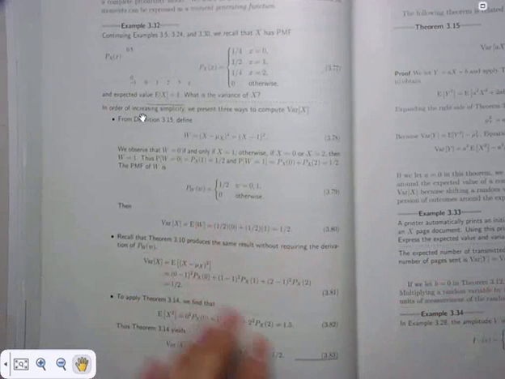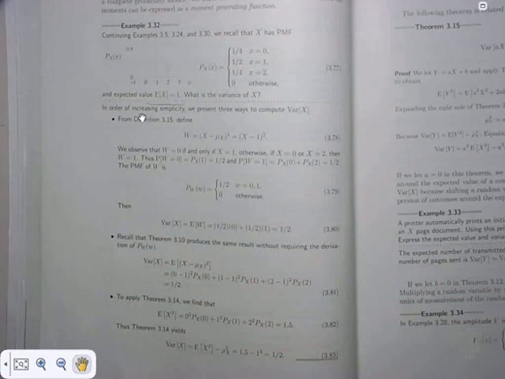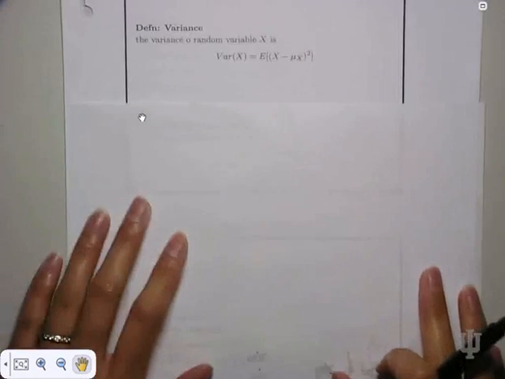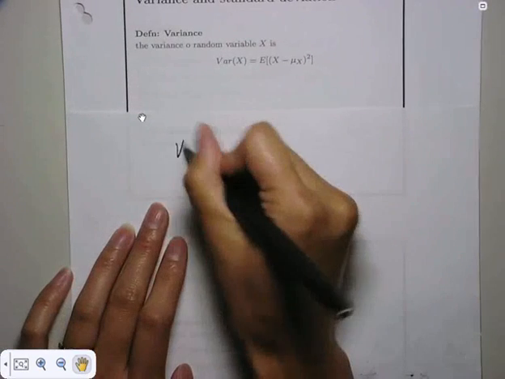Okay, then we need to derive another very useful formula. From the definition, you can calculate the variance of a random variable.